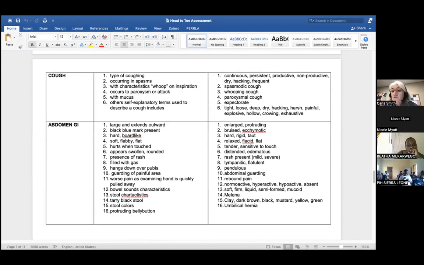We can also describe a patient's cough in greater detail. Is it persistent? Is it productive or non-productive? Is it a dry cough, a hacking cough? Frequent? I actually like to document how many times my patient coughs per minute. If I'm at the bedside and they're coughing 4 to 5 times per minute, does that tell you that patient is coughing an awful lot?